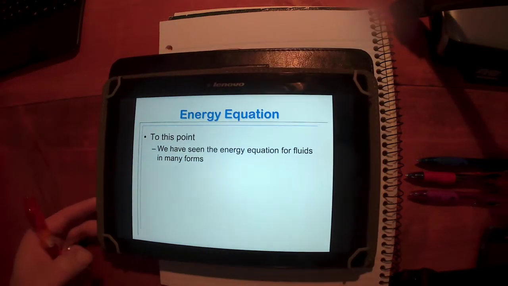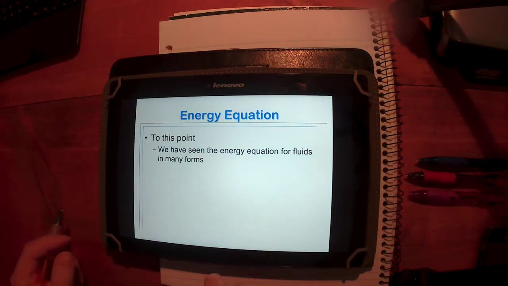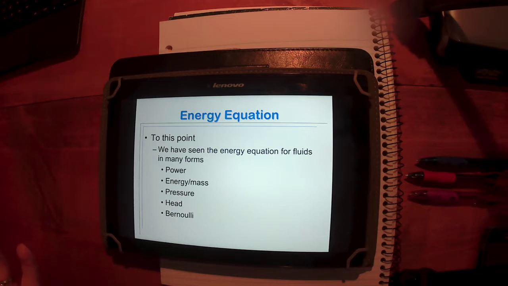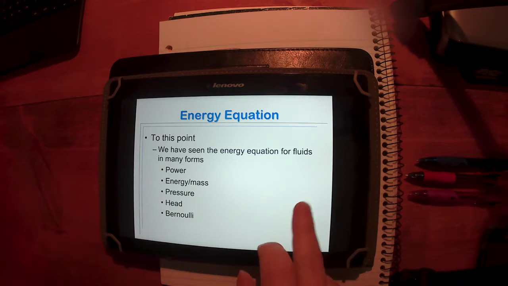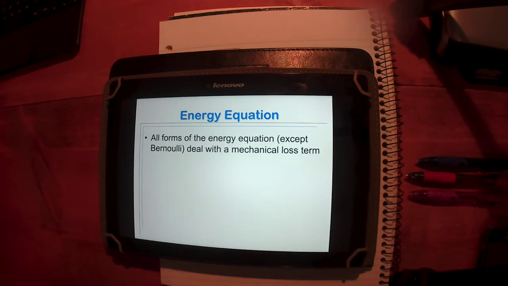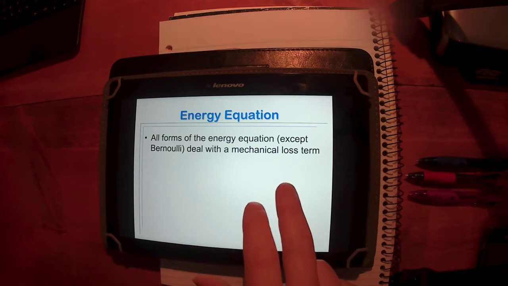Previously we've talked about the energy equation. And we've seen many forms, and we've seen the power form of that. We've seen the energy per unit mass form, the pressure form, etc. Okay. Now, in all of those forms, with the exception of the Bernoulli equation, because it's derived using the assumption that there's no external energy and there's no energy loss, in all the other forms, all the general energy equation as applied to fluids, conservation of energy forms, we see this loss term.